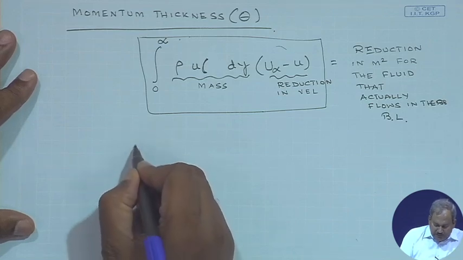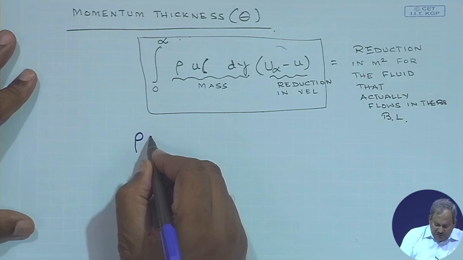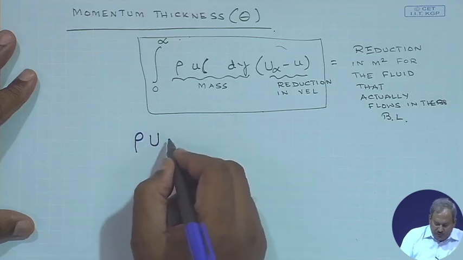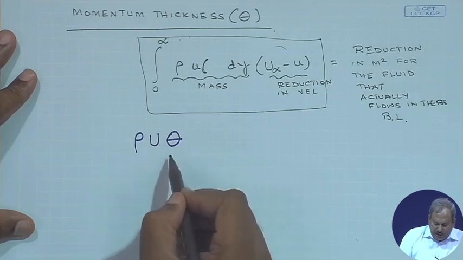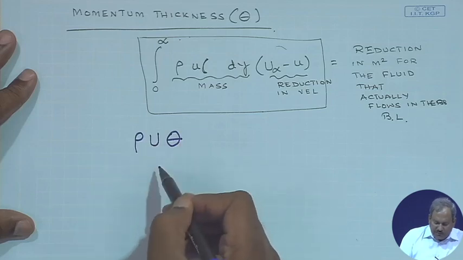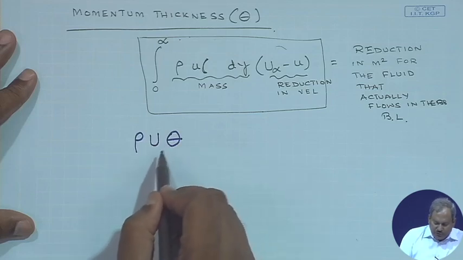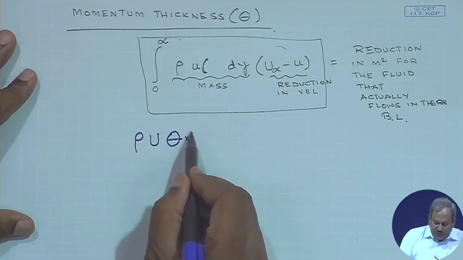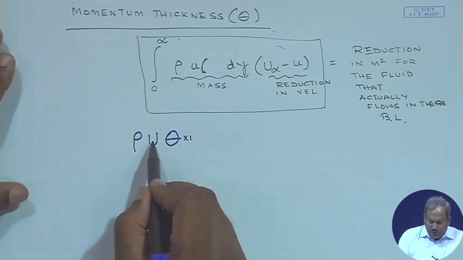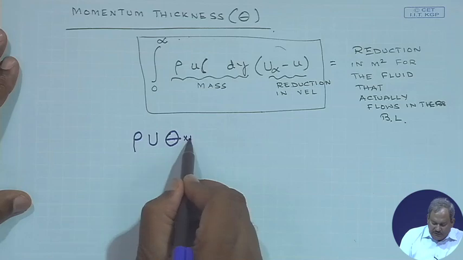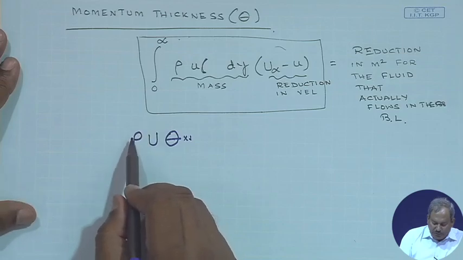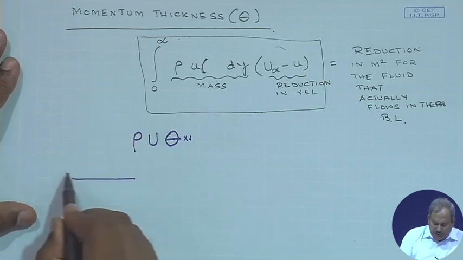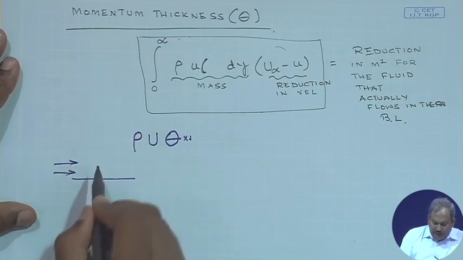The reduction in mass flow rate is simply going to be rho u times theta, and I am again assuming that the depth is equal to 1. So, u times the area multiplied by rho gives me the mass flow rate that an inviscid flow would have over a solid plate.